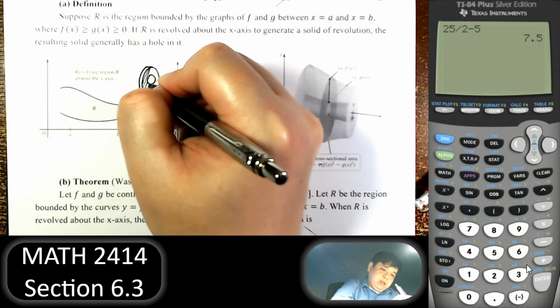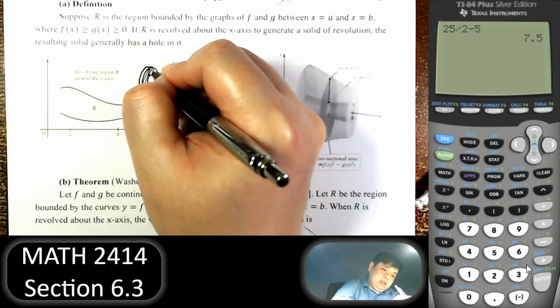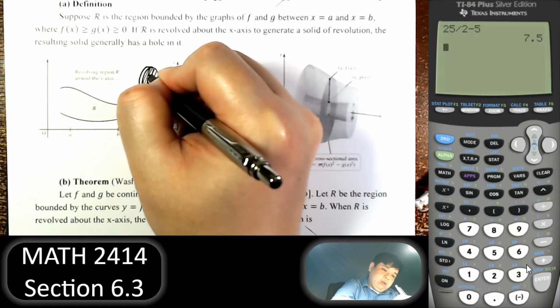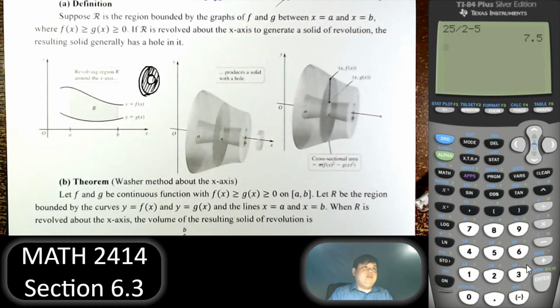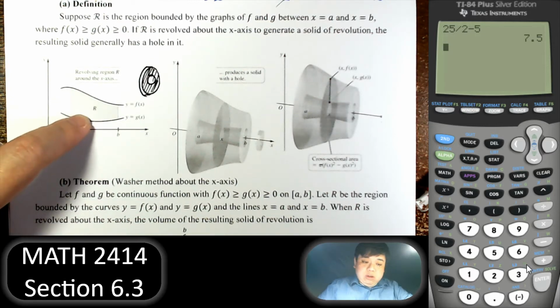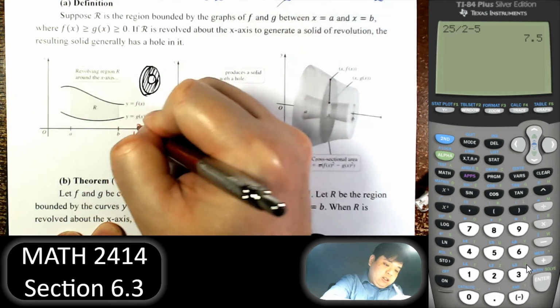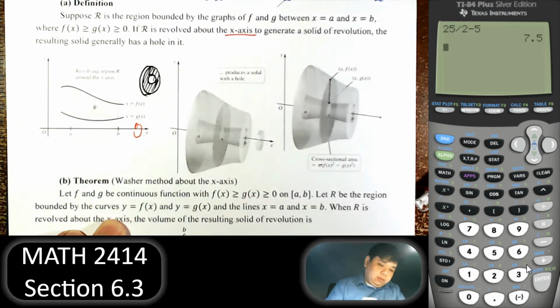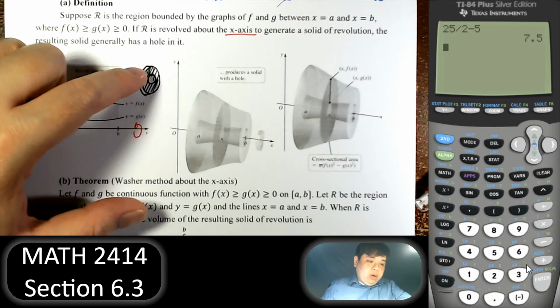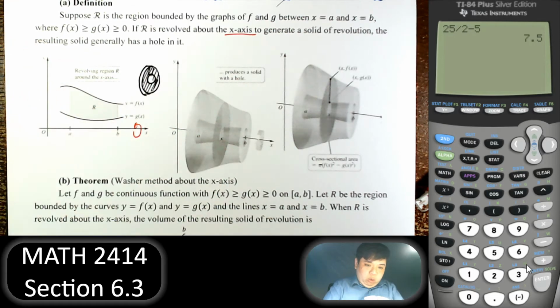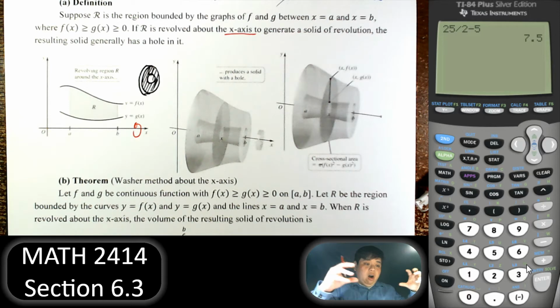So we're talking about that shape without the interior circle. Right, so pretty much we're talking about this, and we rotate. So when we rotate this about the x-axis, we have the big radius and the small radius. So if we want to find the volume, it's going to be the volume of the whole thing minus the volume of the hollow region.